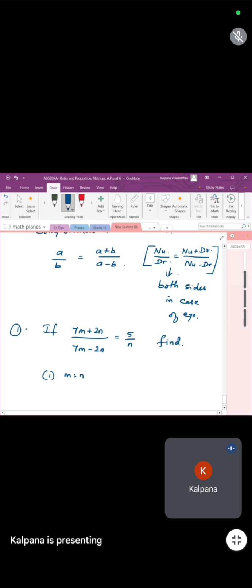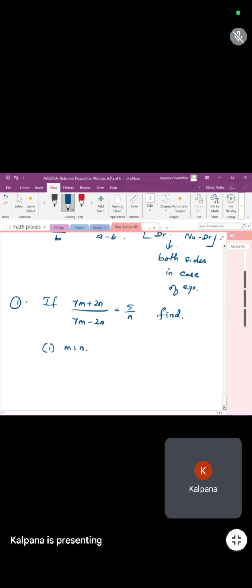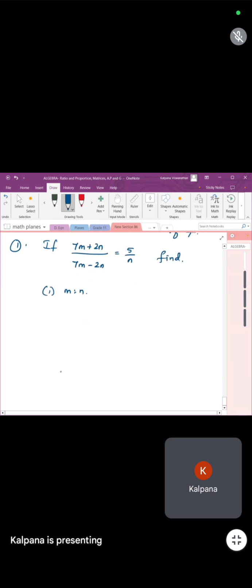Also you will observe that the numerator and the denominator have the same variables like m and n. Okay, they have used the same letters. So what you do: numerator plus denominator by numerator minus denominator on both the sides.